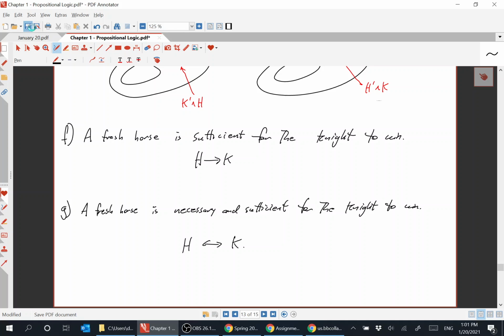So those are the ways in which implication is used in English. There's H if K, H only if K, H is necessary for K, H is sufficient for K. All of those are implications, but where H is first in the sentence and K is second, the implication can get flipped around.